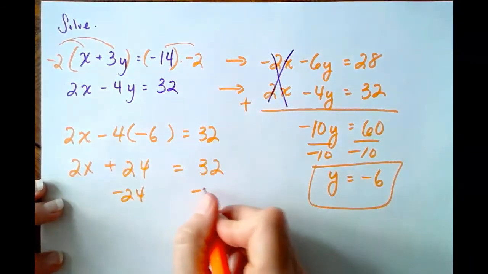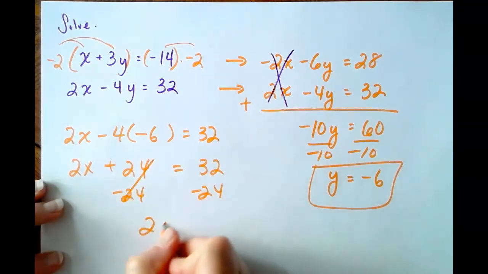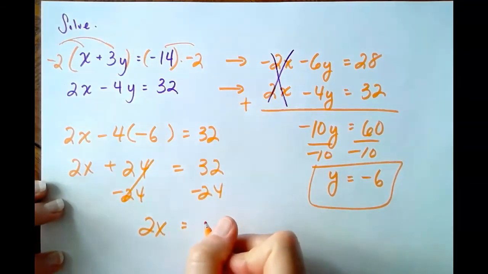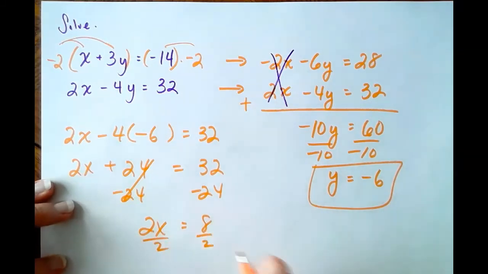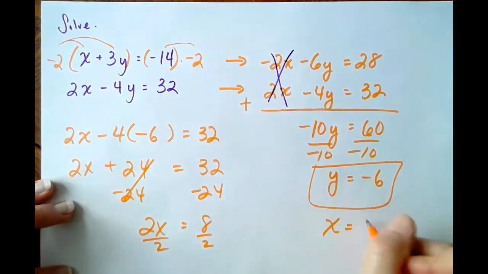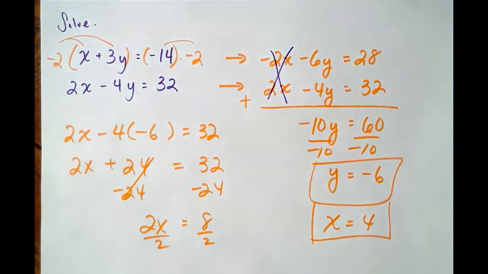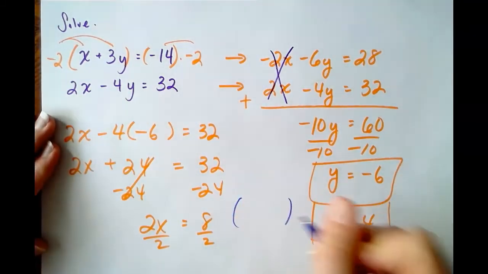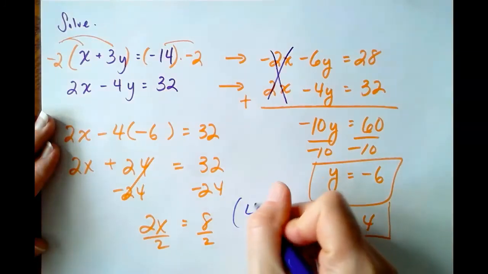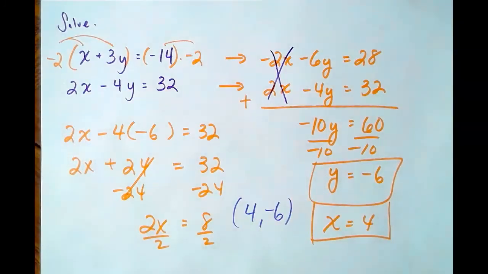Minus 24, minus 24. 2x equals 8. Divide by 2, divide by 2. x is 4. So there's our x, there's our y. That means that our solution in xy form is 4, negative 6.